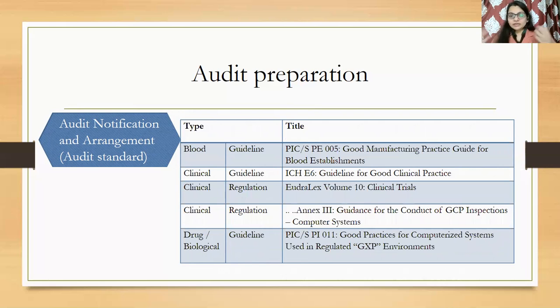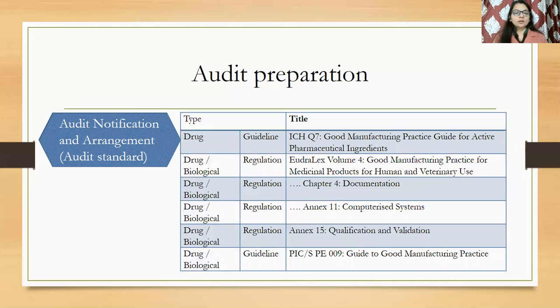Now other guidelines we can take: blood guidance, PIC/S PA005; clinical guidelines, ICH E6; clinical regulation, EudraLex Volume 10, Annex 3 guidance for the conduct of GCP inspections of computer systems; drug and biological guidance, PIC/S PI 011; drug guidance, ICH Q7; drug or biological regulation, EudraLex Volume 4, Chapter 4 documentation; drug and biological regulation, Annex 11 computerized system.